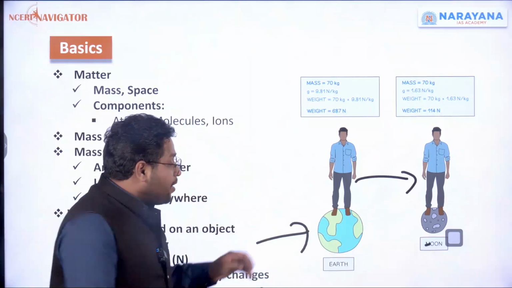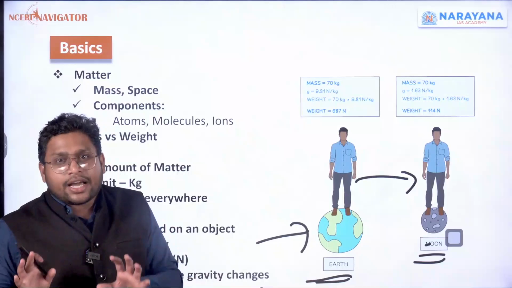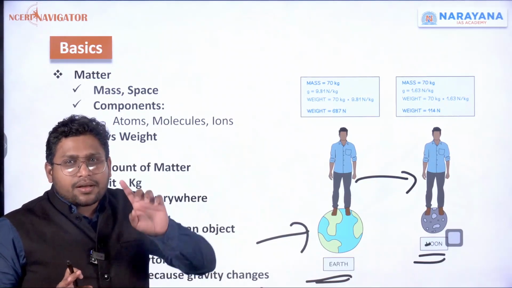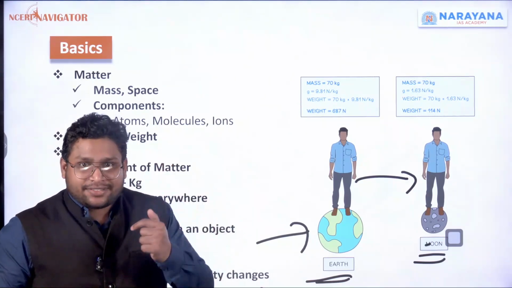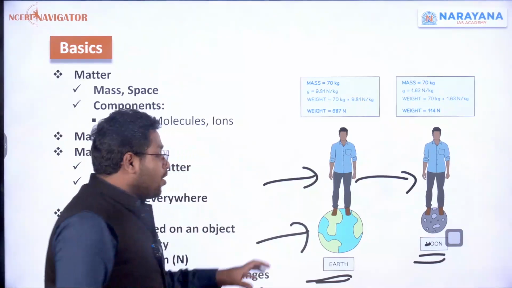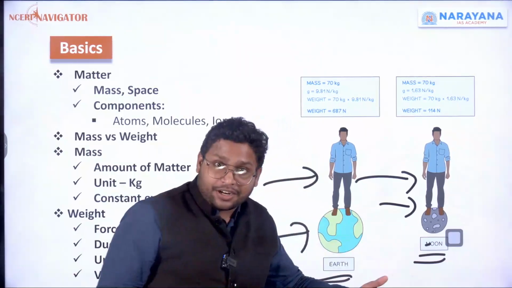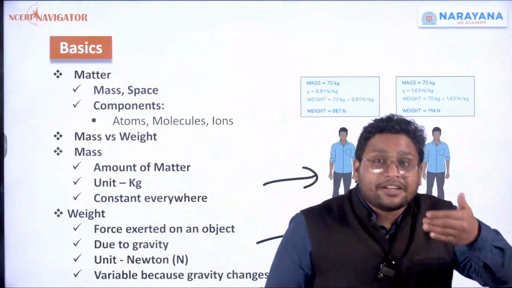Mass will remain the same whether you are on Earth or moon or any other planet in the entire universe. But if you check the weight, the answer will be different. The weight of this person on Earth will be different and weight on the moon will be different. Weight on any other planet will be different.